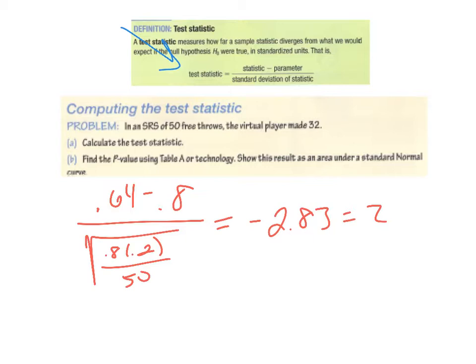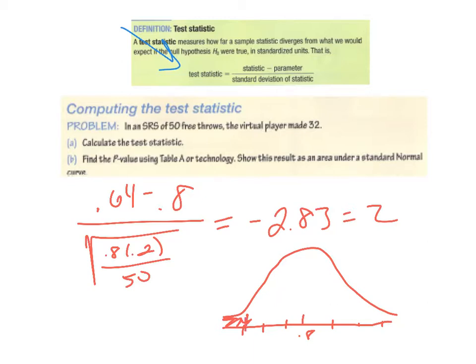If we are looking at this on the curve, remember we're looking for the probability of this little tiny area right here. We're about 3 standard deviations out, pretty far out there.